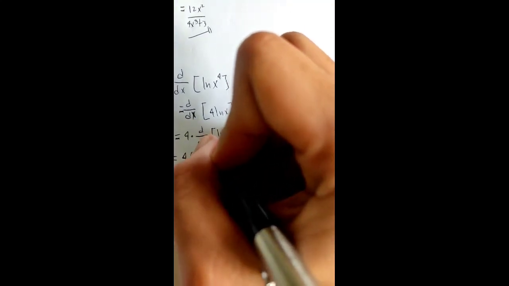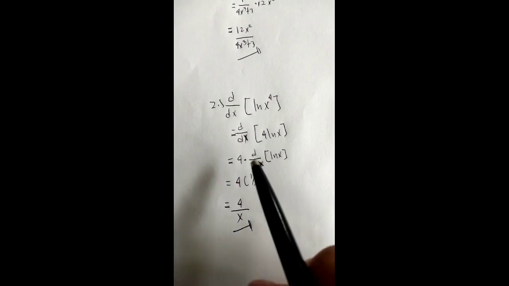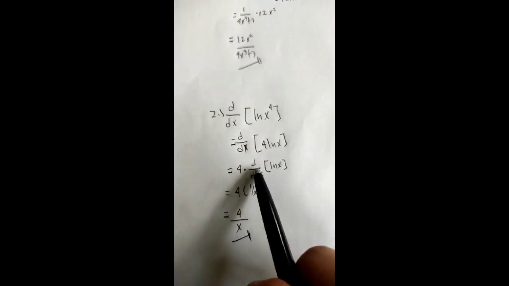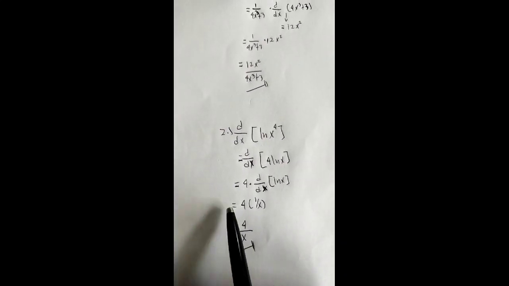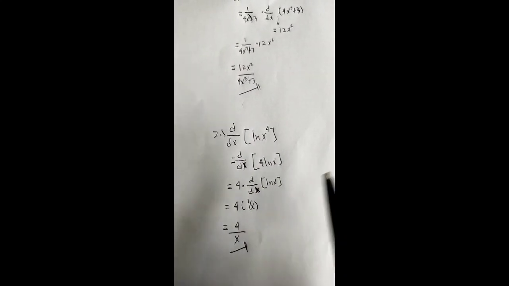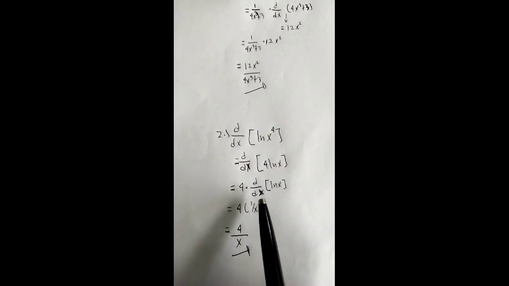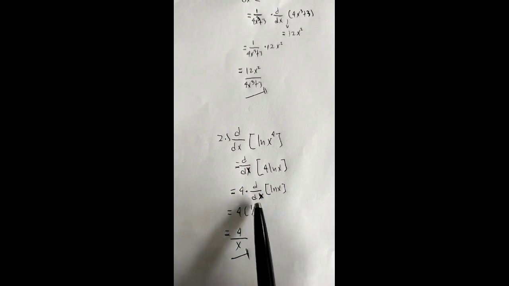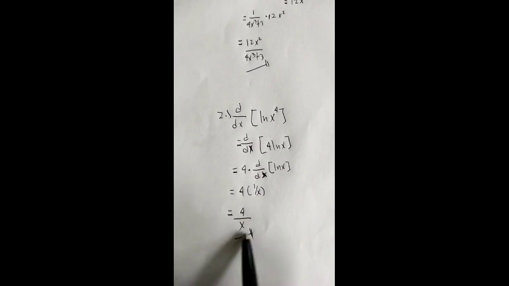I'm sorry, I forgot to put x here. The derivative of the function, which is ln x, our function. So that would be equal to 4. As we all know, the derivative of ln x is 1 over x. So 4 times 1 over x, because the derivative of ln x is 1 over x, equals 4 over x.